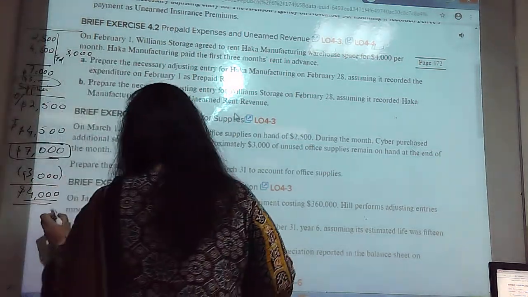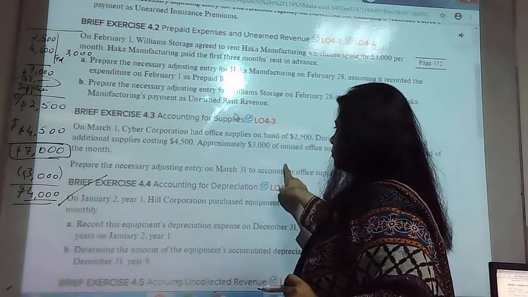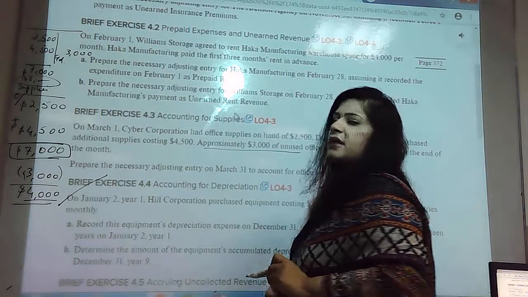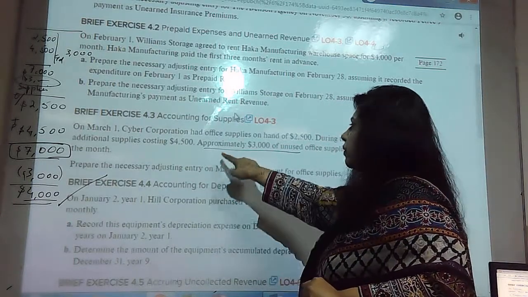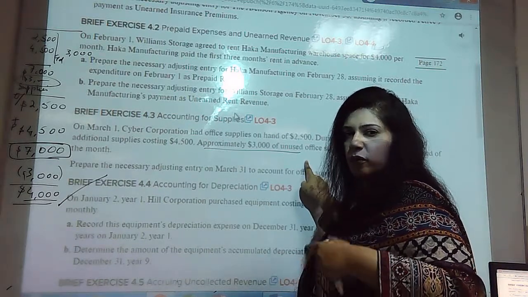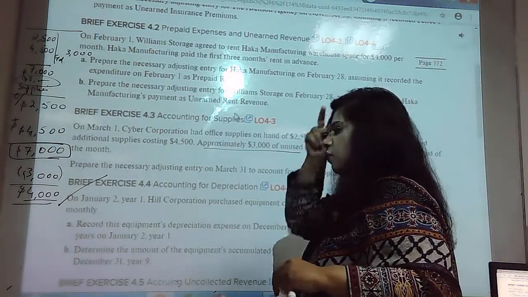When you write off something which has been consumed, how do you know that it has been consumed? Because they tell you that this is unused. Indirectly, they are telling you that the remaining was used. If they give you a transaction where they tell you that it is unused, you have to subtract that as a closing balance. The remaining was used. How much was used? $4,000.